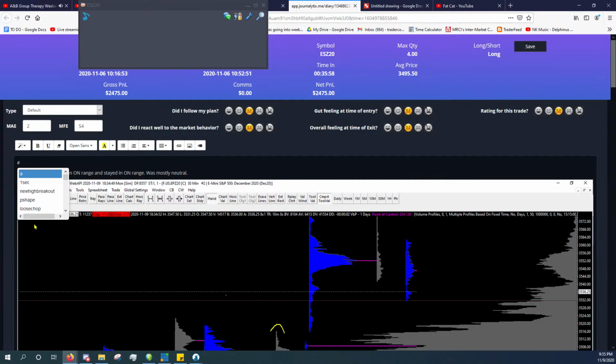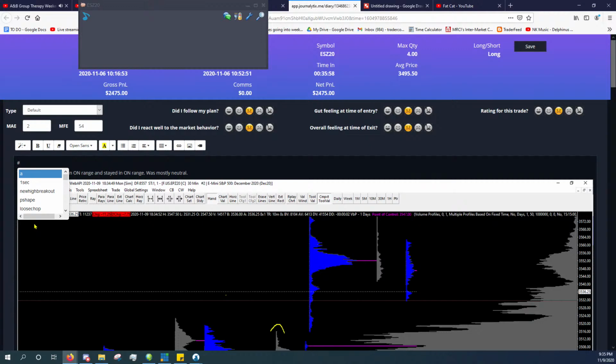And even if the hashtag pairing system isn't fixed, what's great is I can still look at all my playbook trades and I can still look at the hashtag pairing up here and know how many attempts it was and how I managed it overall. So I can still see the hashtag pairing within here, and that's good.